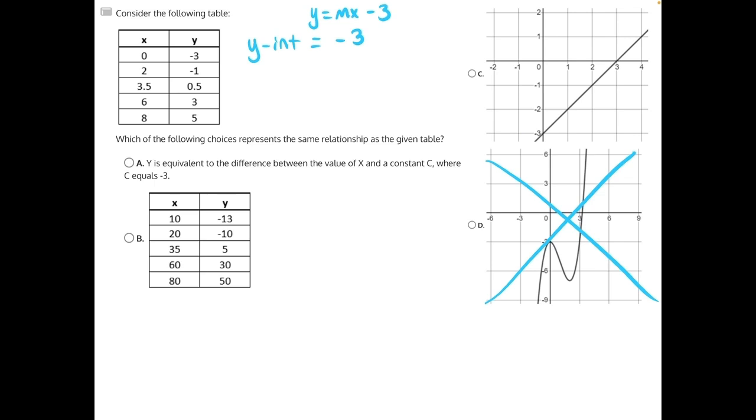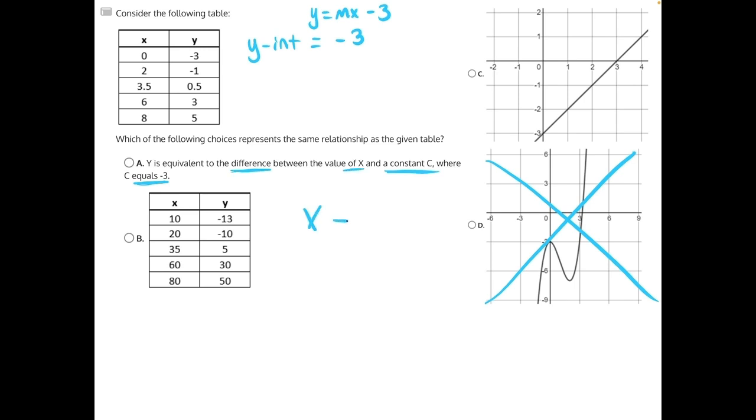In answer choice B, we don't have an intercept to go off of, so we don't really know. We can't eliminate it right away. And in answer choice A, we see that the constant is equal to -3, which is good. However, we need to pay attention to the wording. The difference between x and a constant c.